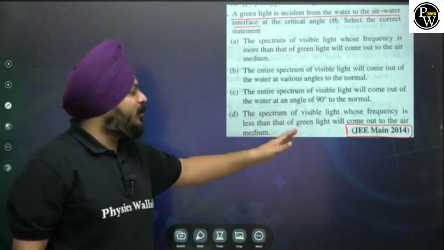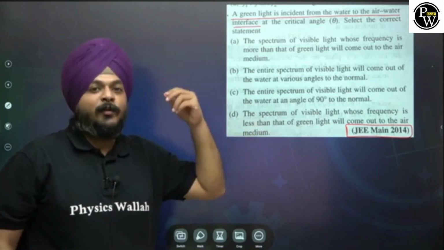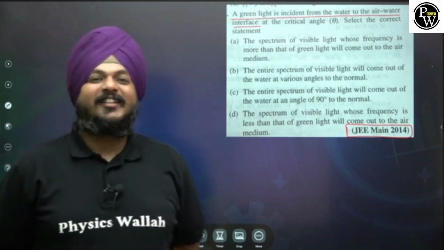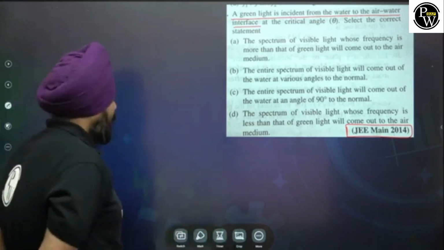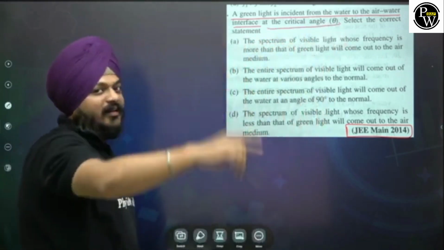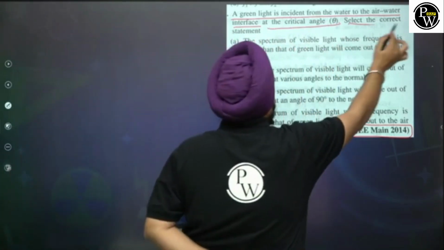But in this 2014 question, they have changed the data, and instead of white light, they have taken green light, incident on the specific surface at the critical angle. Select the correct statement.